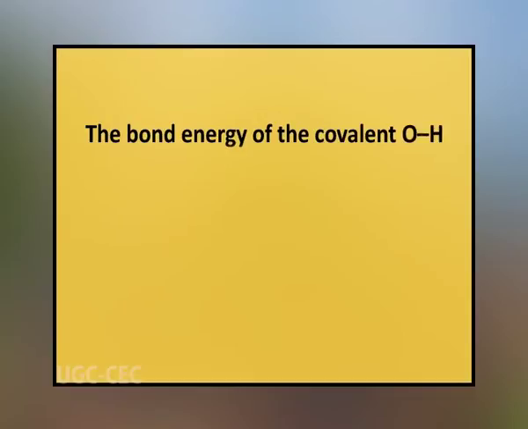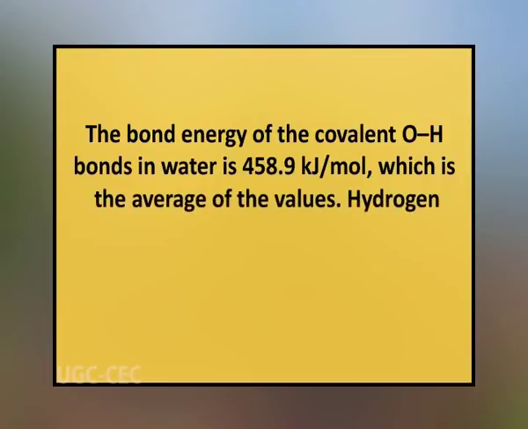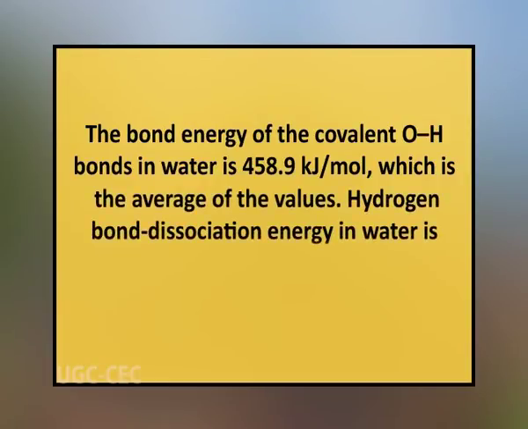The bond energy of the covalent OH bonds in water is 458.9 kilojoules per mole, which is the average of the values. Hydrogen bond dissociation energy in water is about 23 kilojoules per mole.